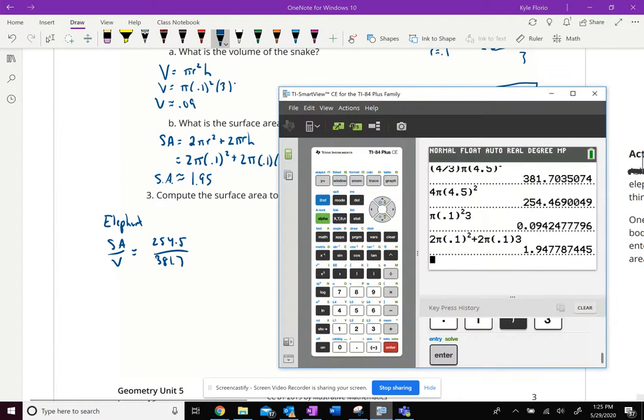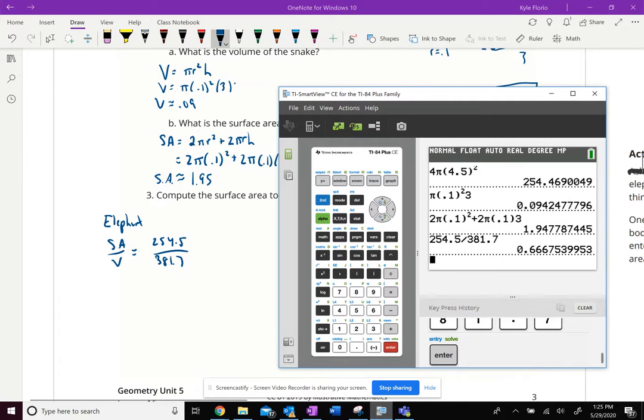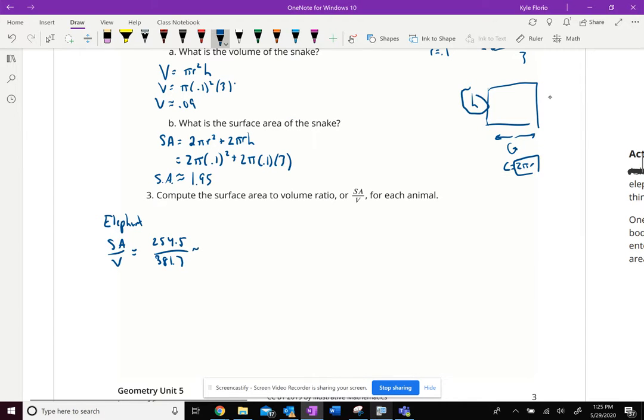So let's divide those. 254.5 divided by 381.7. So we're getting about, we'll call it 0.67. So the ratio of area to volume is less than 1, meaning there's more volume than surface area.